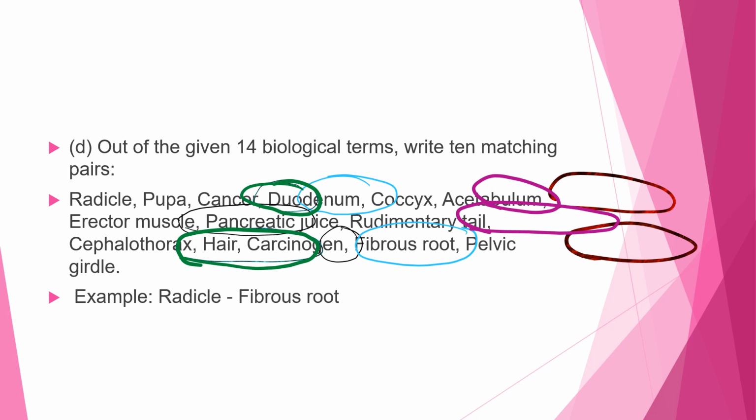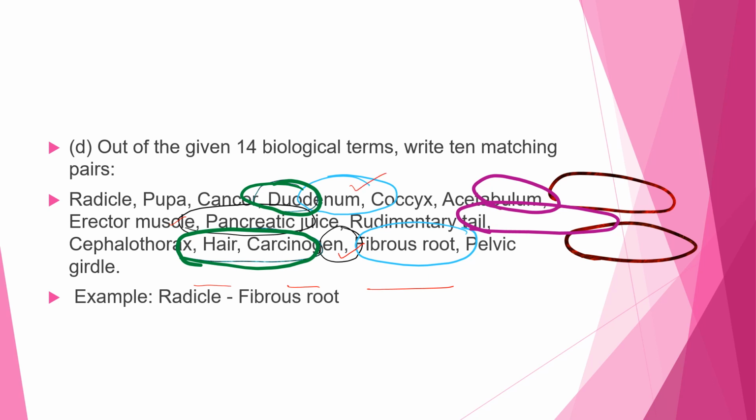Now the next one, the D question. Out of the given 14 biological terms, write the 10 matching pairs. One has been done for you. You can see the radical and fibrous roots, they have been done for you. Now we have to choose the other pairs. Let us choose the first one, the erector muscle. With that is the hair. So erector muscles and hair are a pair.